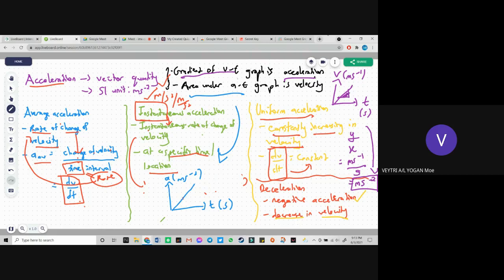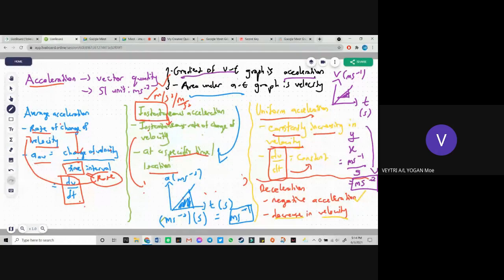How do we find the area? Area is basically multiplication, so to find the area, m s negative 2 multiplied by s. Now, what will you get over here? Anyone? m s negative 1. Okay, m s negative 1 is the unit for? Yeah, velocity. Okay, so that is how you actually get your answers.